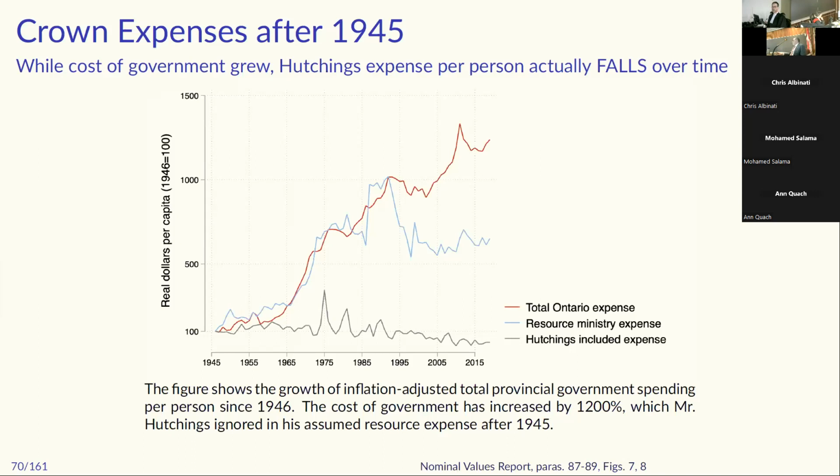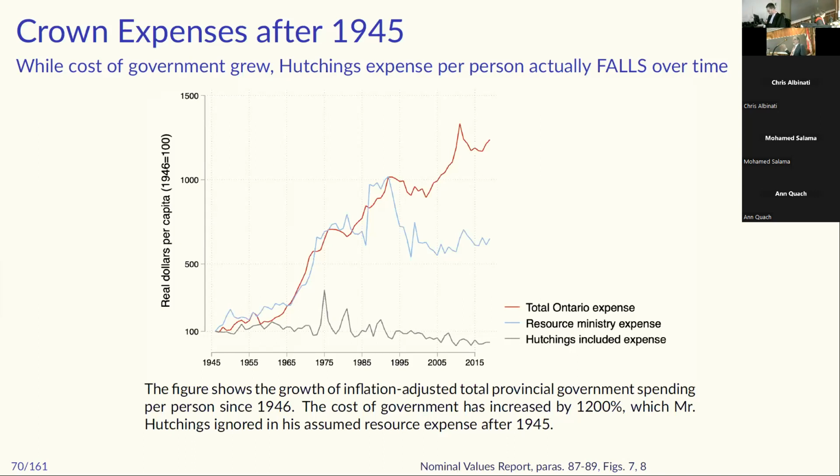Now, the third line in this figure is instead Mr. Hutchings' assumed included expenses from 1945 forward. This is from his work papers. These are the numbers that precisely go into his NCR accounts.